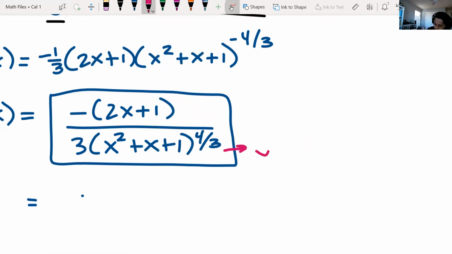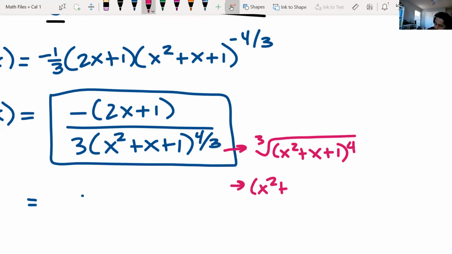This is also the cube root of x squared plus x plus 1 to the 4th, which means it would become x squared plus x plus 1 times the cube root of x squared plus x plus 1.